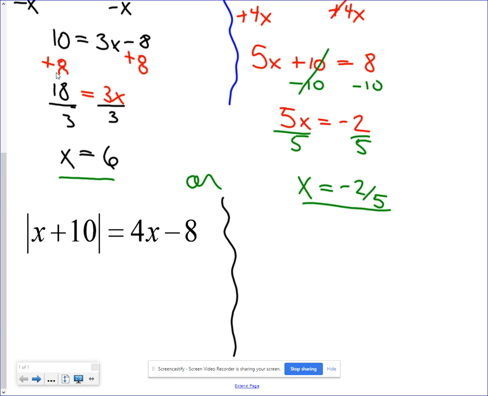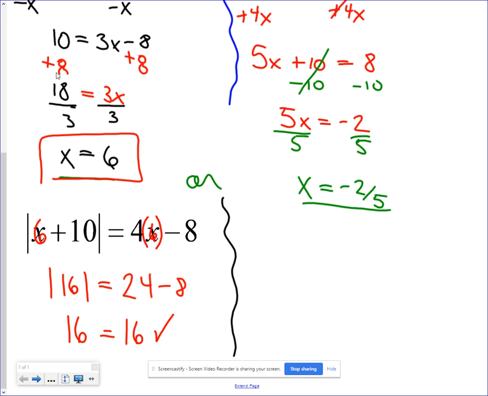So let's plug 6 in place of the x's. So over here we've got 6 plus 10, which is 16. So we get the absolute value of 16 is equal to, well, here it's 4 times 6 is 24 minus 8. The absolute value of 16 is 16. 24 minus 8 is 16. So that works. So x equals 6 is the solution.